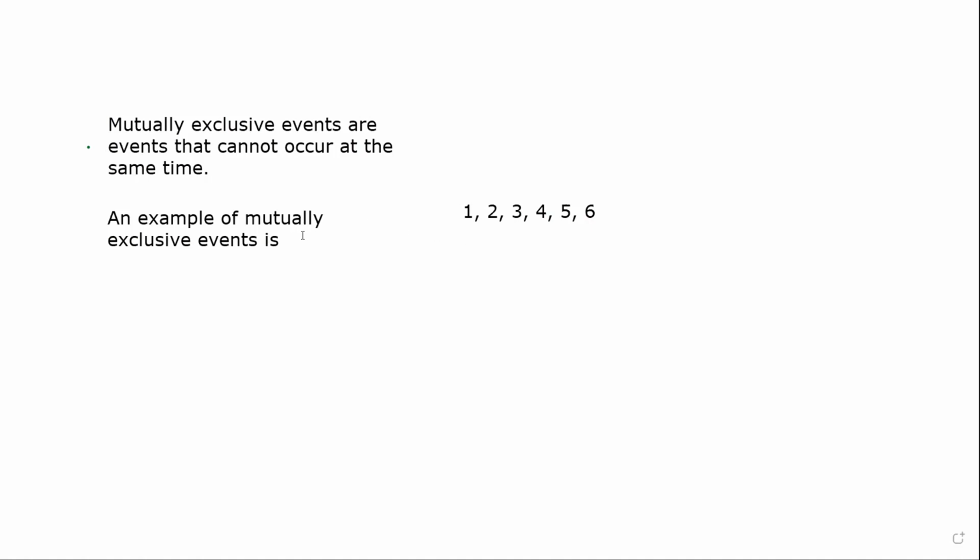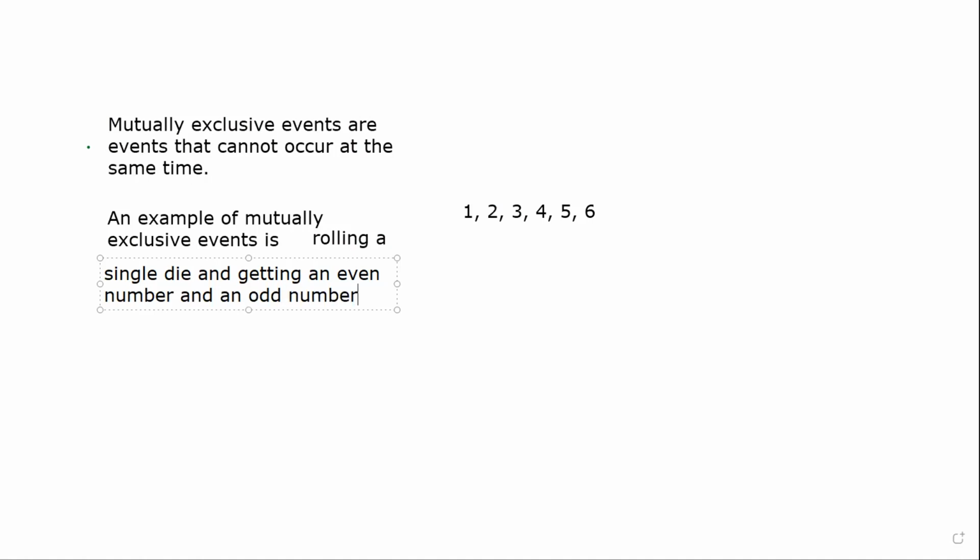So an example of mutually exclusive events is rolling a single die and getting an even number and an odd number on the same roll.